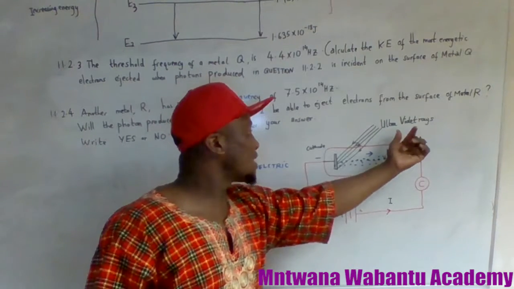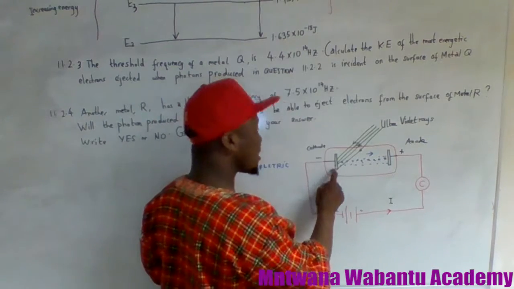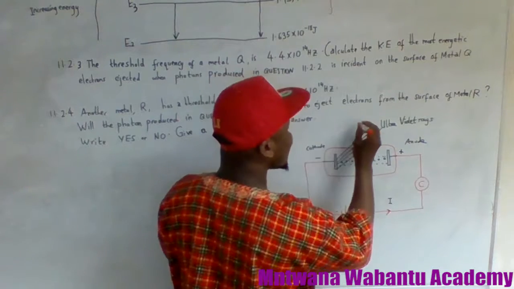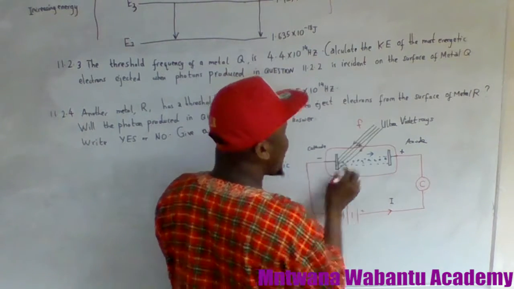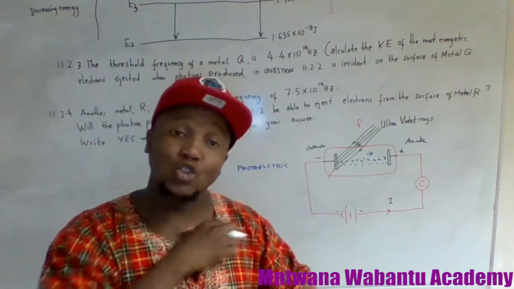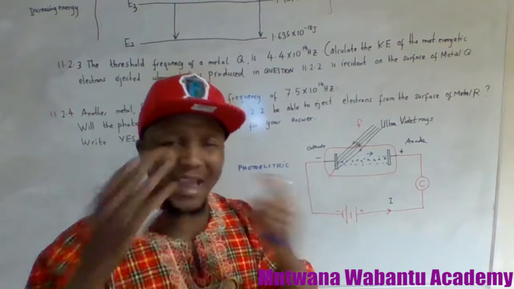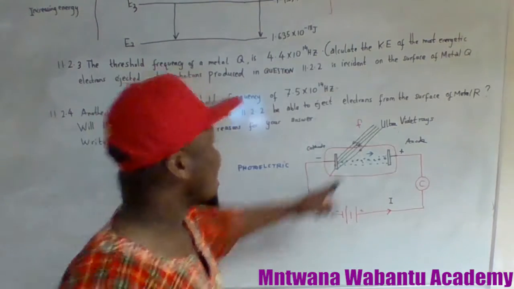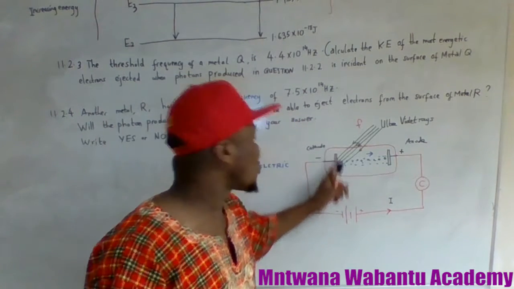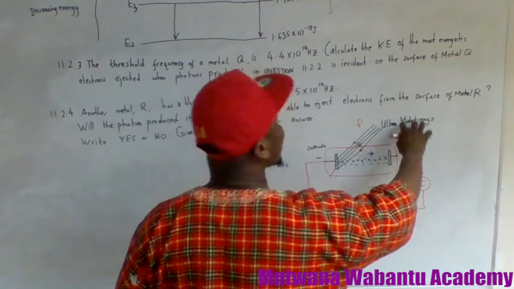When the ultraviolet light comes in, it's going to strike the cathode. If this ultraviolet light has a higher frequency compared to the frequency of the metal plate at the cathode, which could be aluminium, silver, sodium or anything, then it has a higher energy.